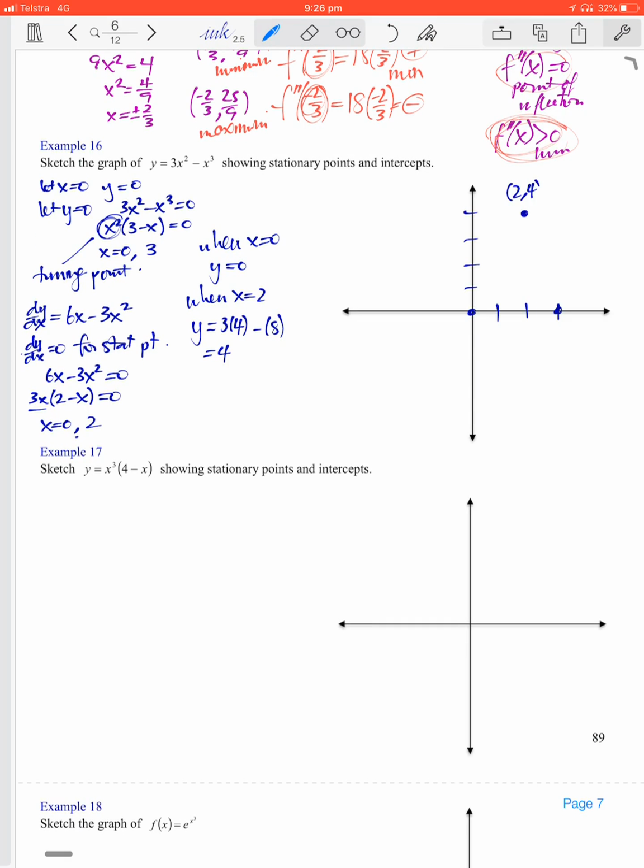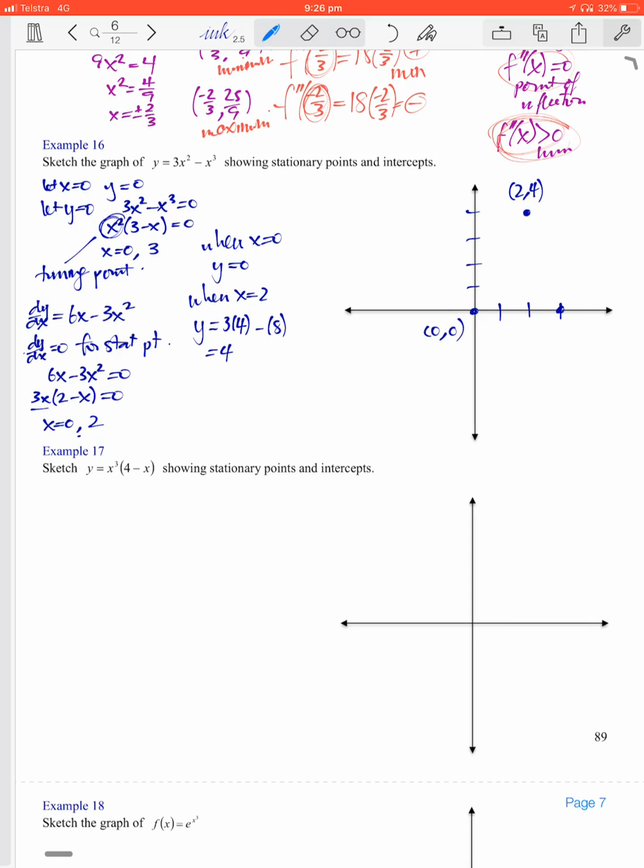We know (0, 0) is a turning point. We know it's a negative x cubed, so it's got to go down like that. So there's (3, 0). That's a turning point, so it's got to go down. And we know the point 0 is a turning point, so it's got to curve something like that. Although that's a terrible graph. So let's say it goes like that.